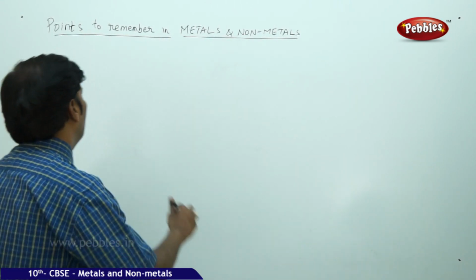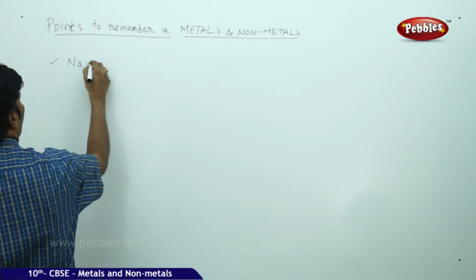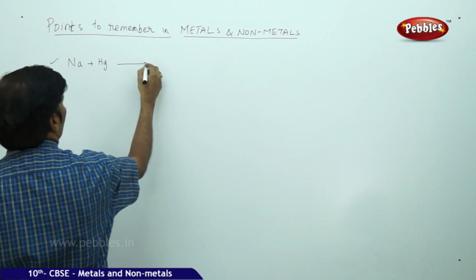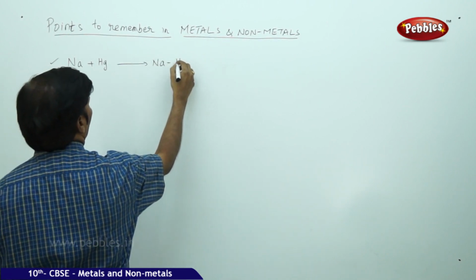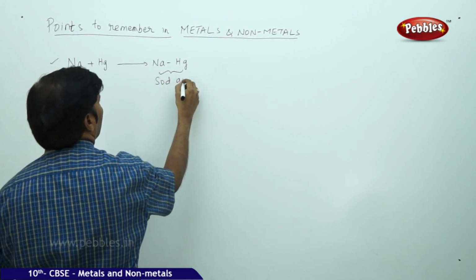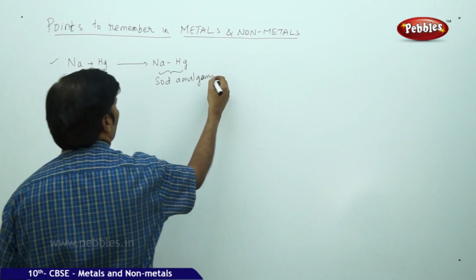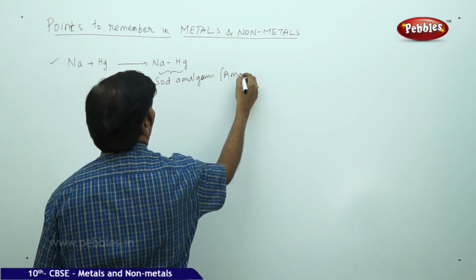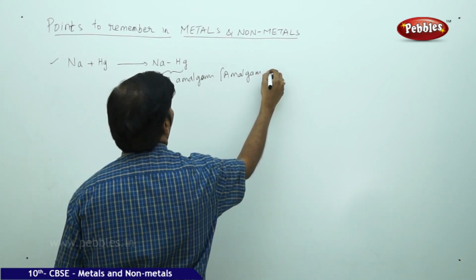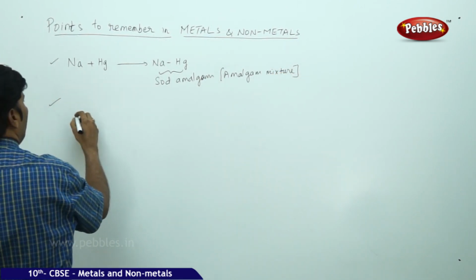So the next point to remember is that sodium when mixed with mercury forms sodium amalgam. It forms an amalgam mixture. This is one point which you have to remember.